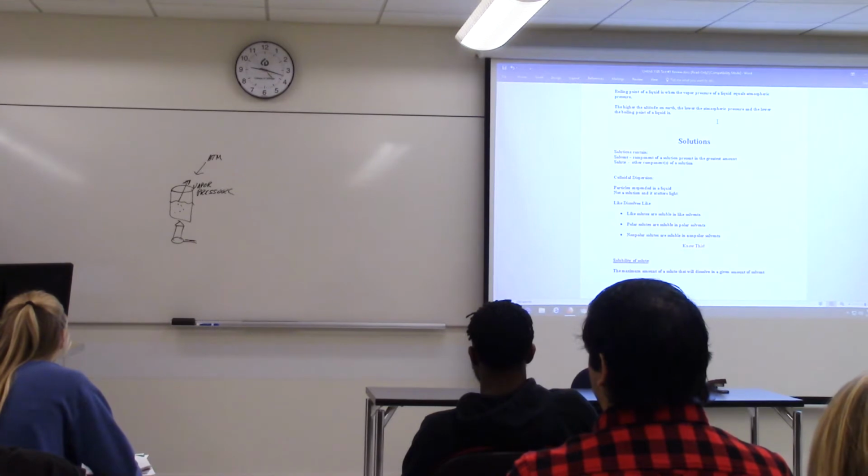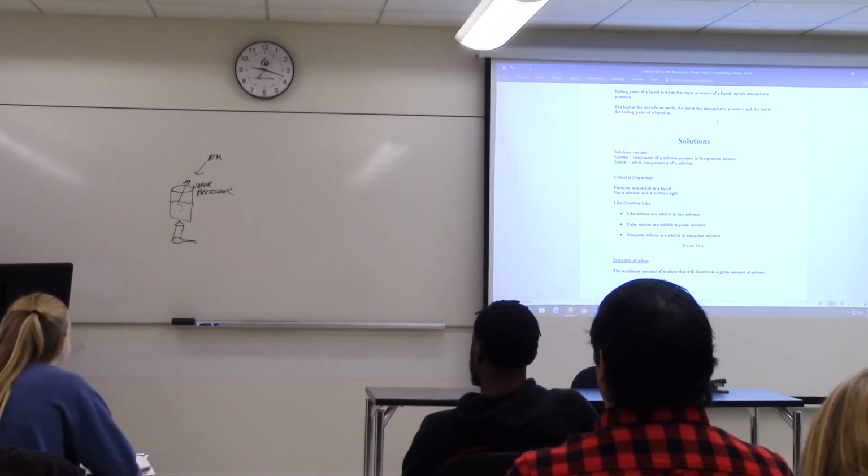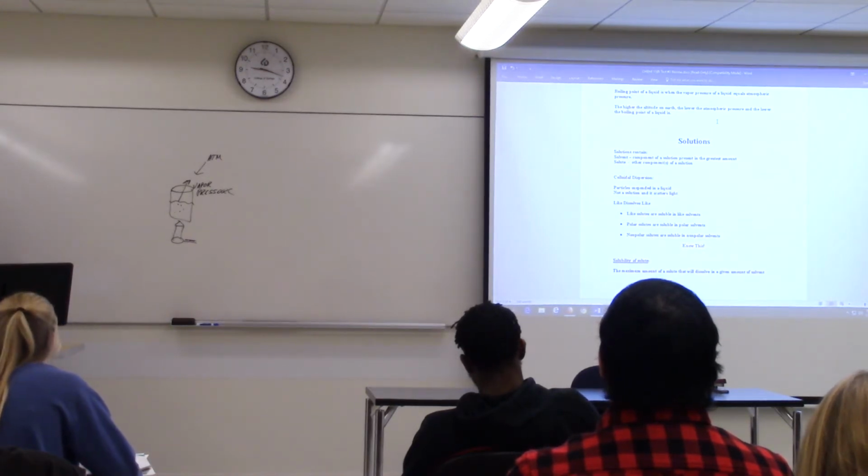So an important way of knowing if you have a colloid is, will it scatter light? And the answer is yes. How can you tell? Light won't go through it. And if I had tea in here instead of water, the light would go through, and that would tell you it's a solution. Now, what are examples of colloids?